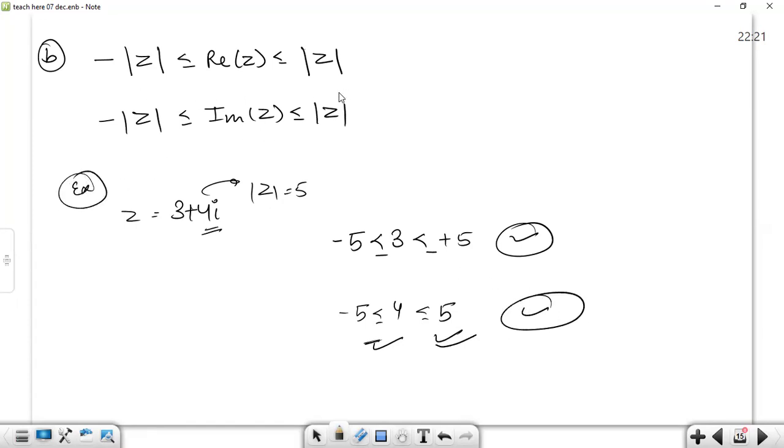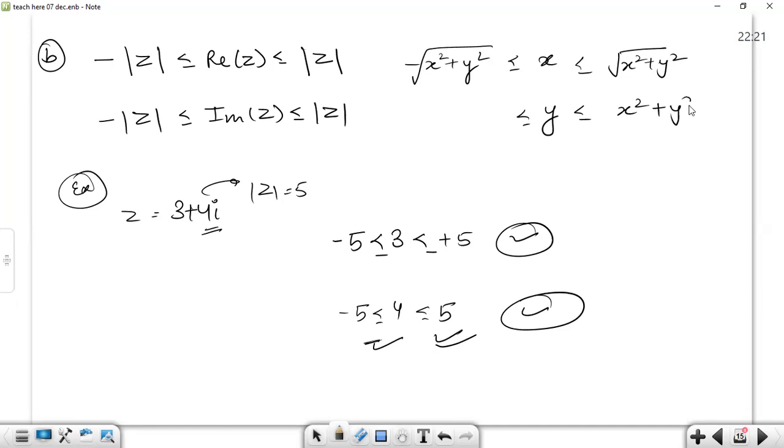This is the property. It says that the real part of the complex number will lie in the range of minus modulus to plus modulus. So it's similar to saying that x and y will lie in this range.